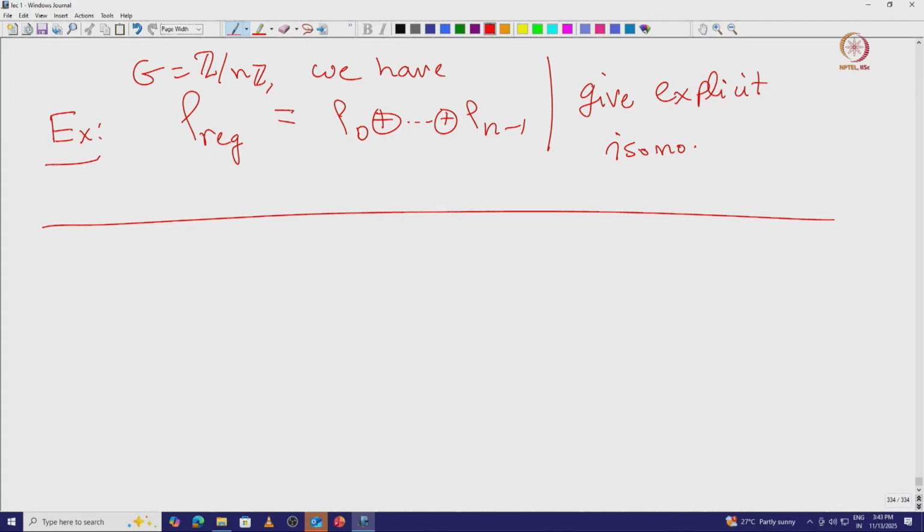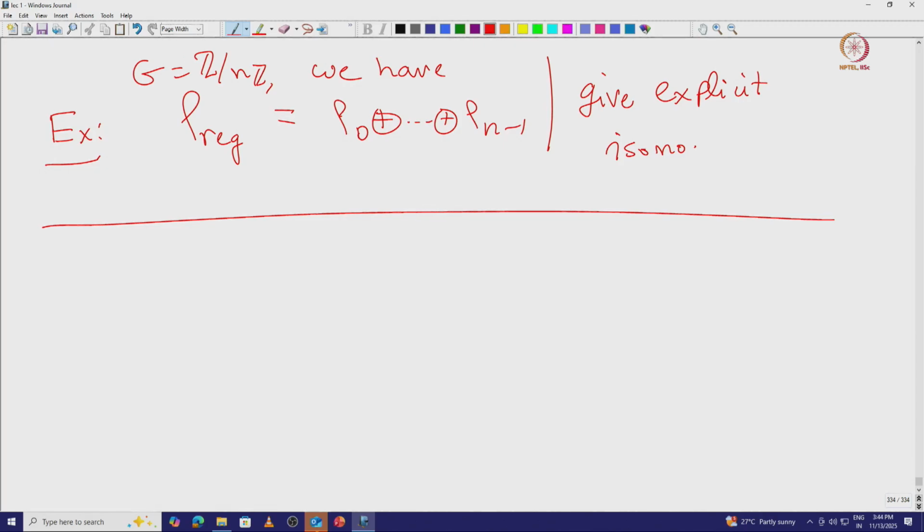And what one can do is explicitly record the data captured by these irreducible characters in a matrix. That is called the character matrix.